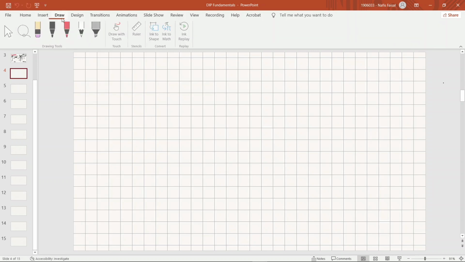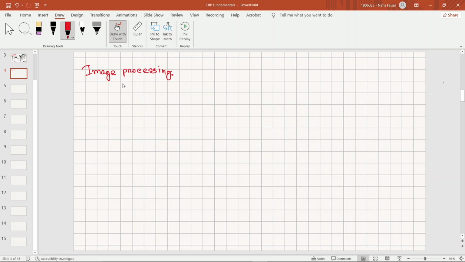Now, let me begin by stating what image processing is. Image processing is any of the processes that an image goes through to provide one of these three things. It can enhance the information in the image.